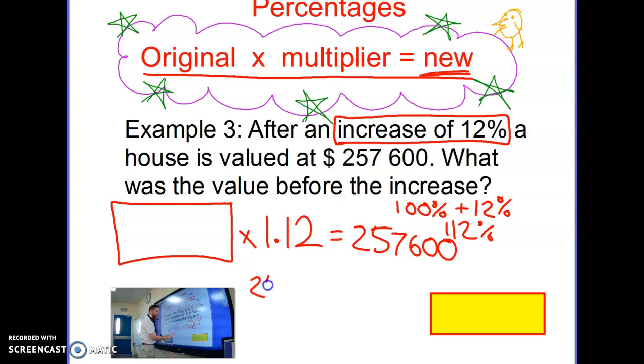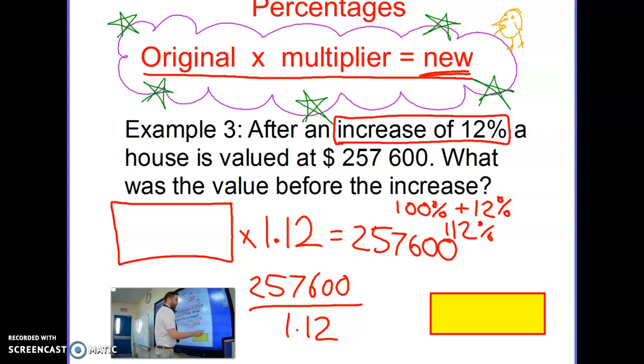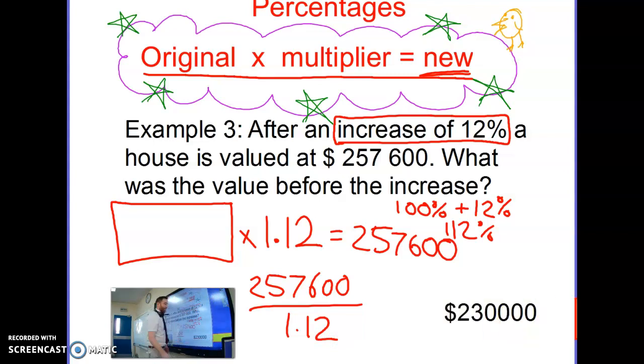So if I type in 257,600 divide by 1.12, I should get an answer, which I believe is $230,000. So that is how to work backwards after an increase. You are finding the original amount. So instead of multiplying by the multiplier, we take the new amount and we divide.